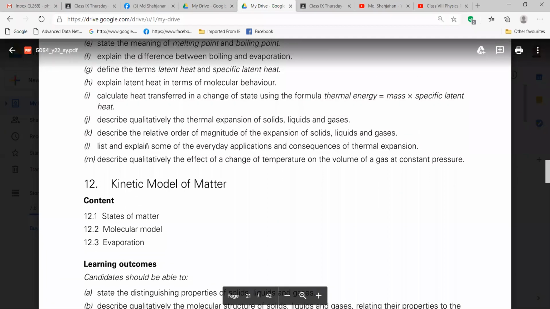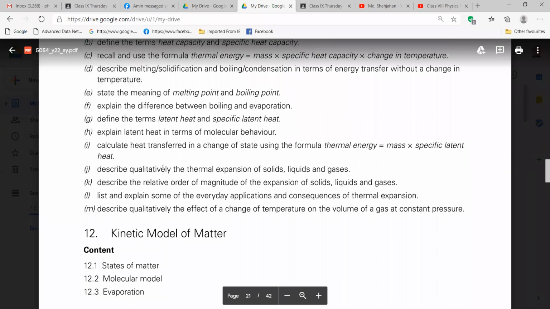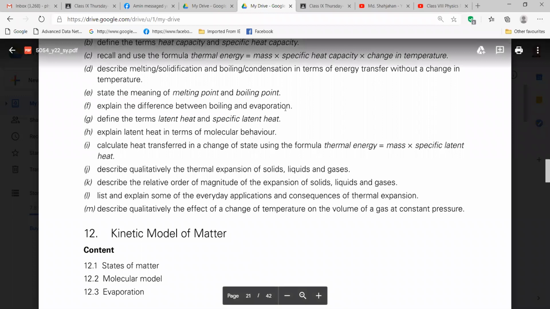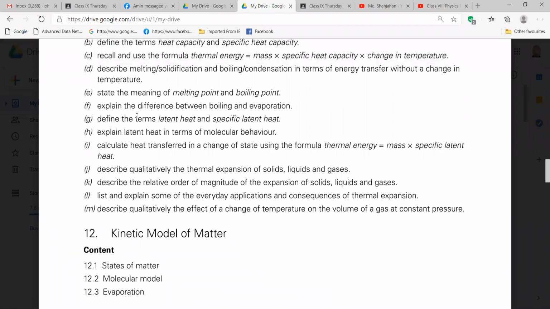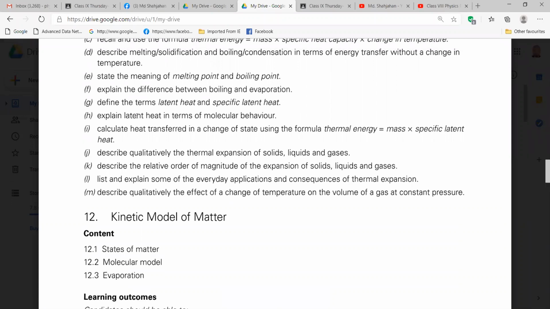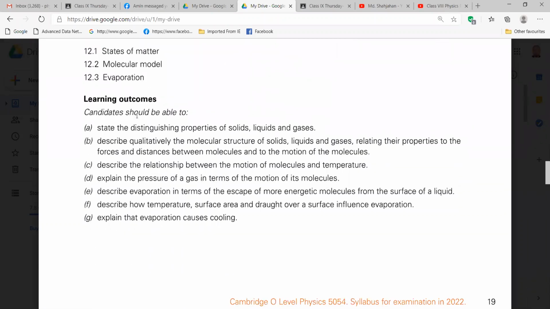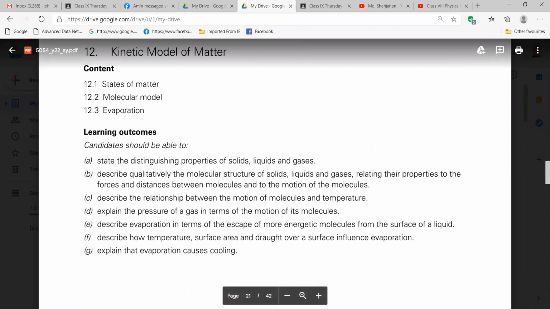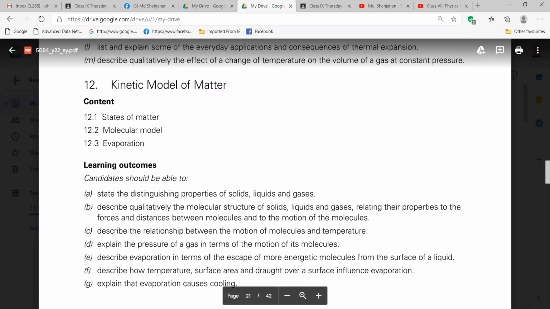You see, we have here the difference between boiling and evaporation, right? Though we had boiling and evaporation, as we are discussing evaporation, I discussed all these points over there. E, F, G, all are covered over there. So from topic 12, we are done with E, F, G, right?